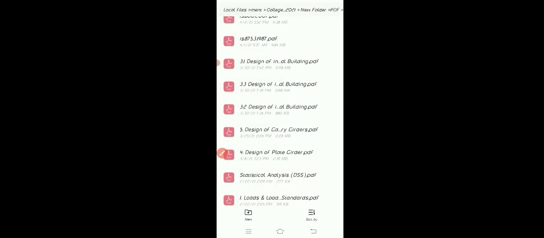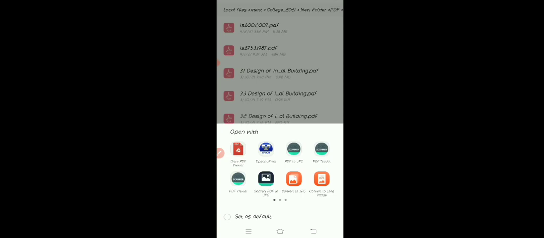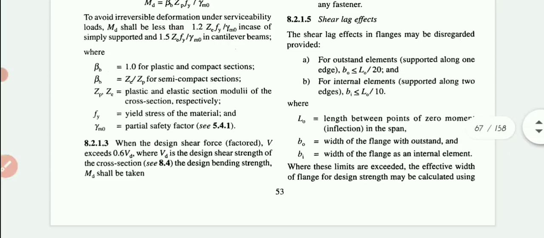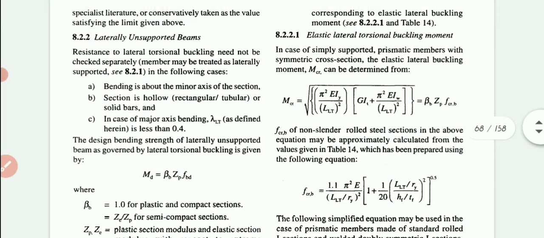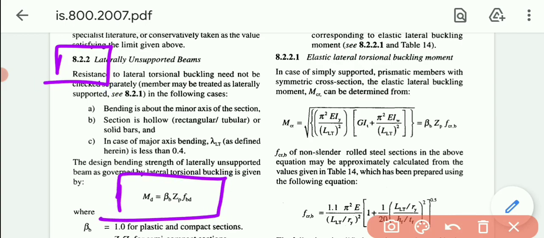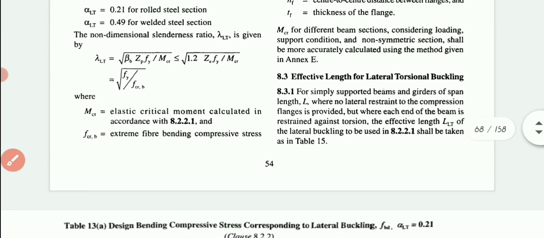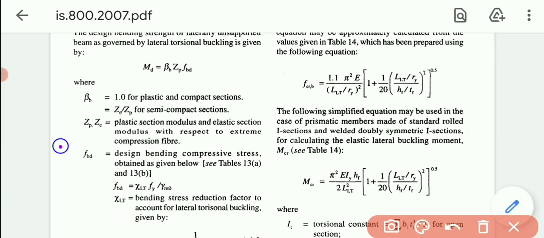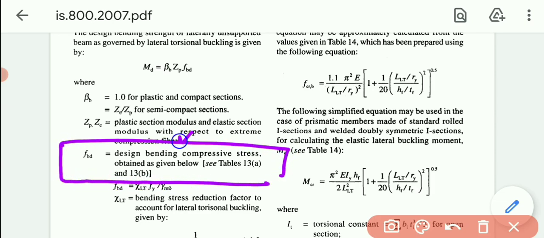So for that one, just a minute, let's go back to the code. Now for fbd, the formula is 8.2, which is this one, beta b Zp fbd. We are on page number 54. In order to calculate fbd, over here they have given us the criteria for the fbd, that fbd stands for design bending compressive stress, obtained as given below, that is see table number 13a and 13b.